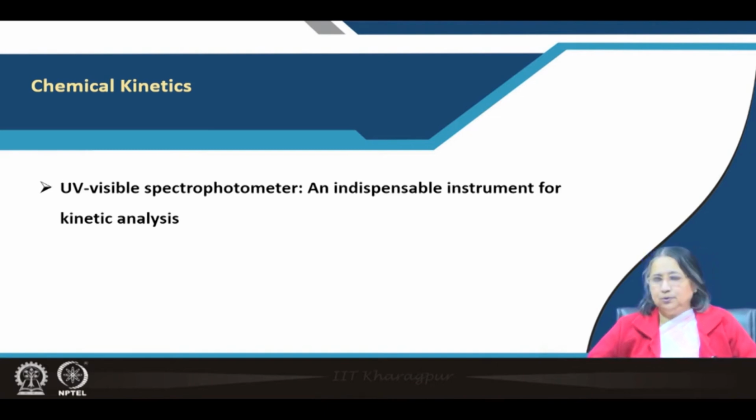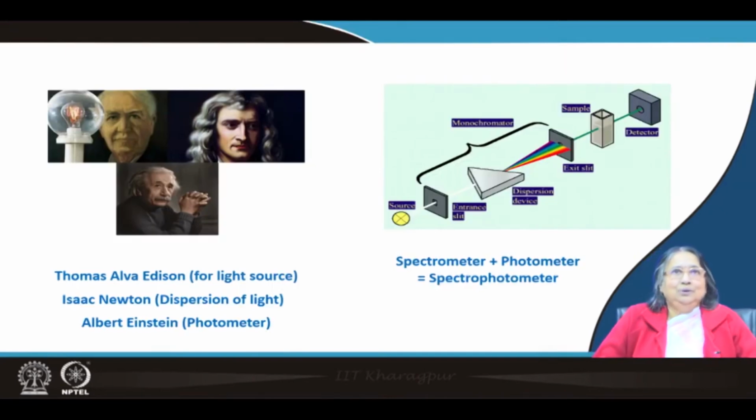Now, what is a spectrophotometer? First thing we have to know, here you can see three famous scientists. The first one is Thomas Alva Edison. You know that he invented the electric bulb, and the principle is also used in the spectrophotometer, not that bulb itself, but the principle.